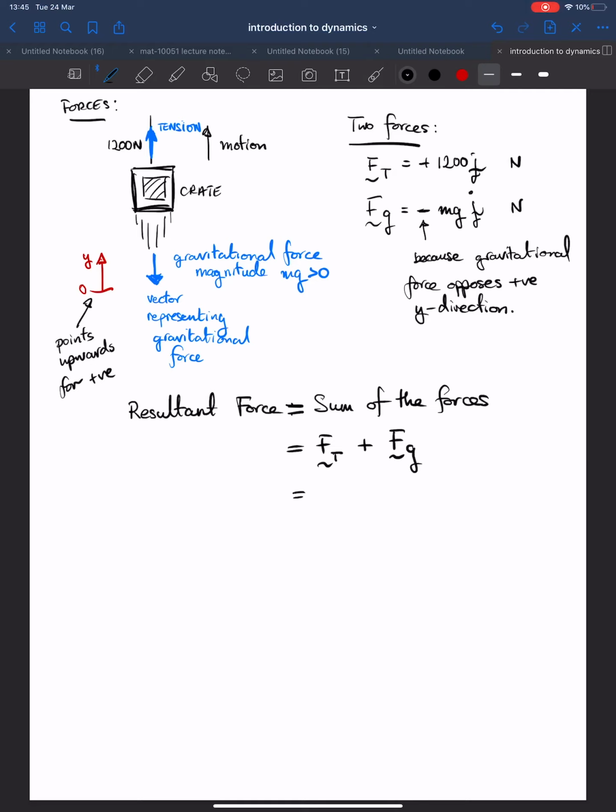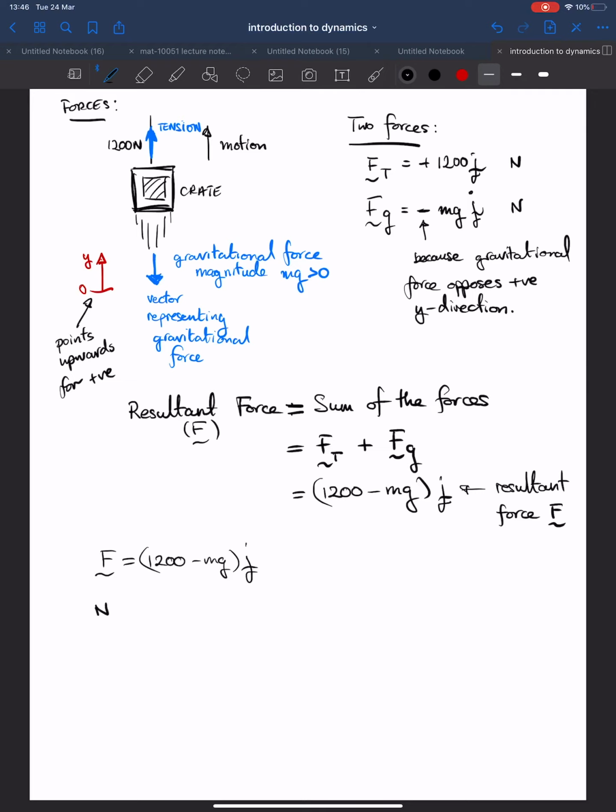If we plug these in, we end up with the following vector. Okay, so that's our resultant force, and that is exactly what we need. So F in our Newton's equation of motion is now this. We'll put the numbers in a second.